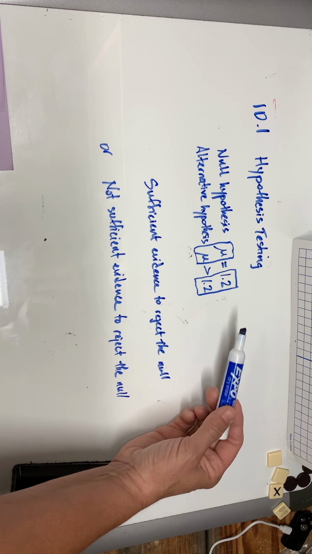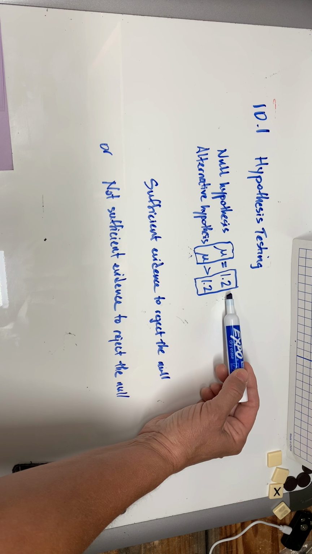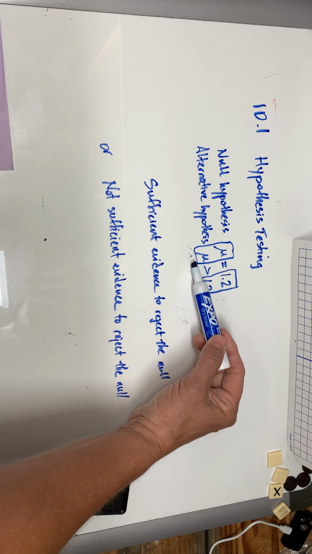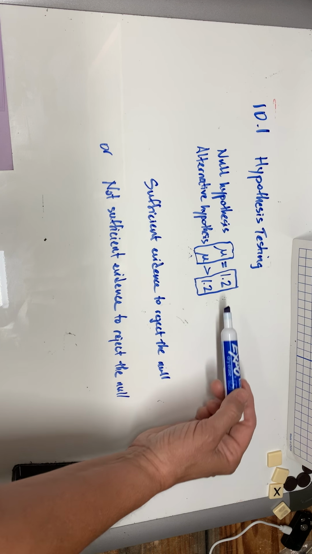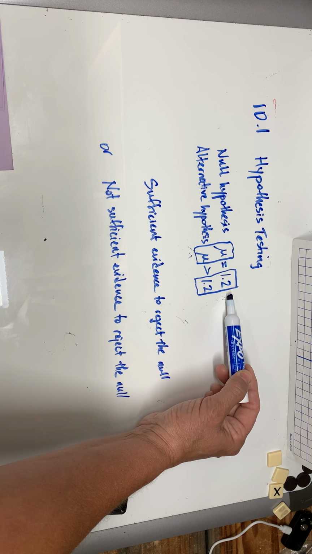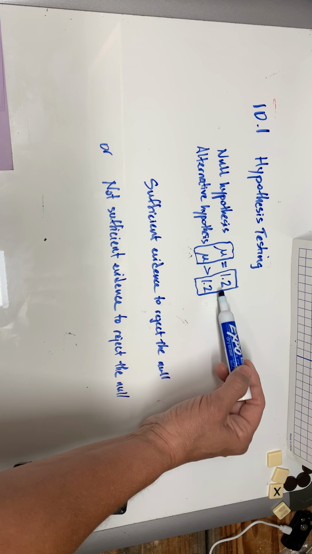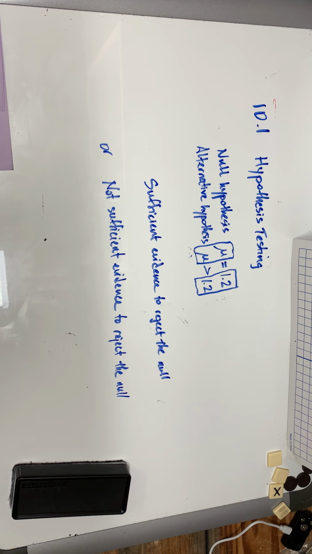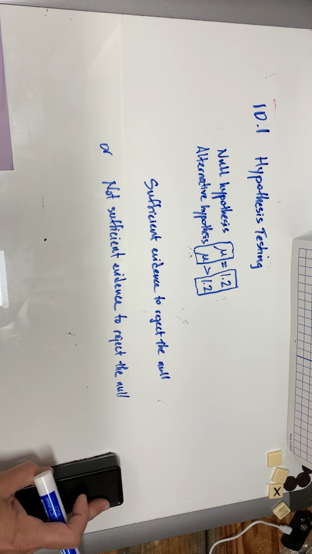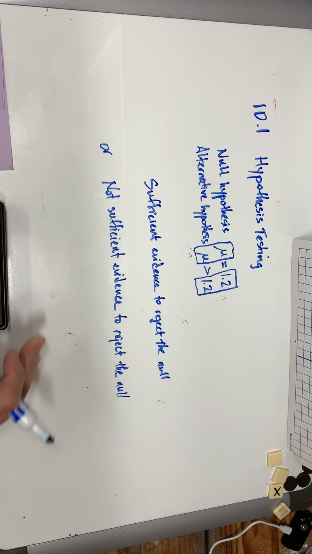You either determine that there's sufficient evidence to reject the null, which is insinuating that your alternative is more truthful, or you're going to say there's not sufficient evidence to reject it, which is saying basically we're going to stick with it. Okay, so these are the two choices once you read your data, which again doesn't happen until 10.2.